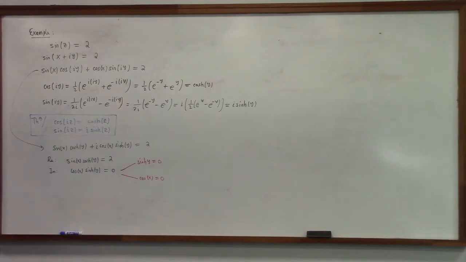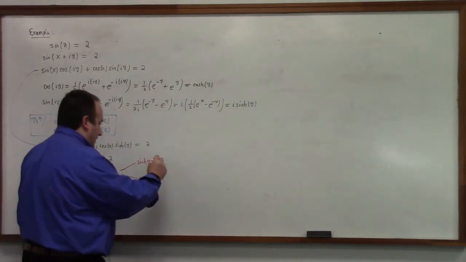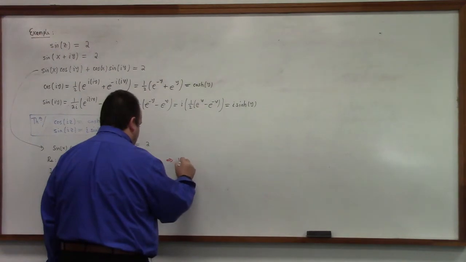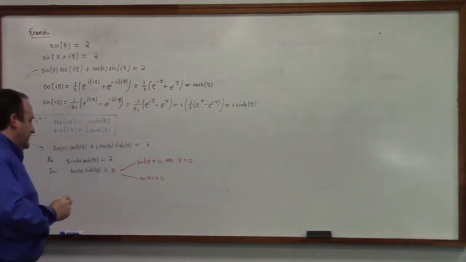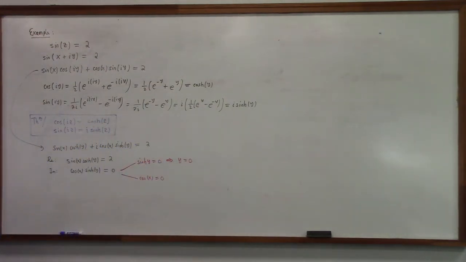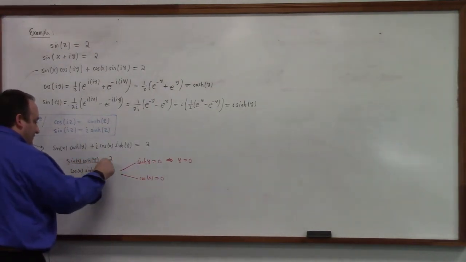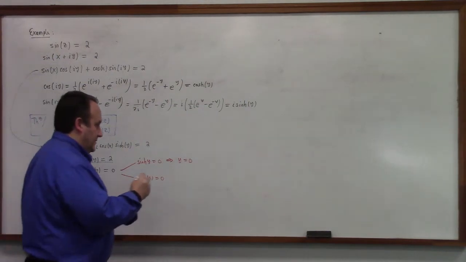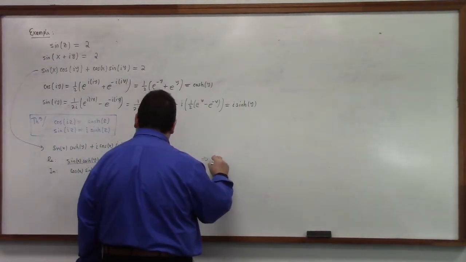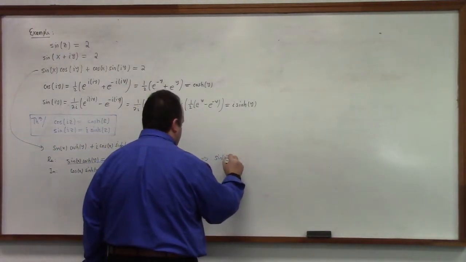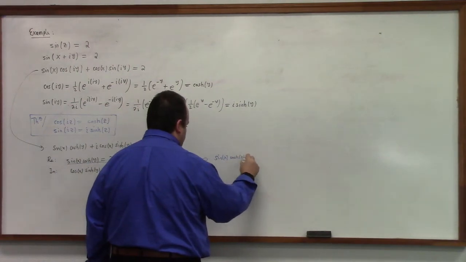Sinh of y equals 0, that's very nice because sinh is an increasing function everywhere. Sinh of 0 is 0. In fact, that's the only 0 of sinh. So this implies that y is equal to 0. Once you know that y is equal to 0, what does the first equation become? Well, the first equation becomes sine of x cosh of 0 equals 2.